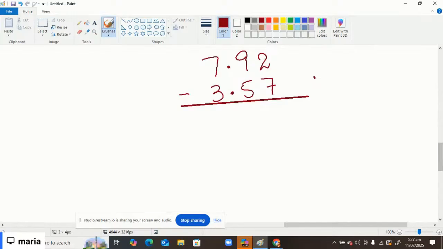So 2 out of 7 is possible? No, it's not. So what do we do for that?